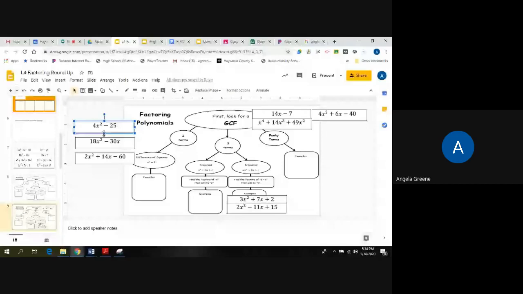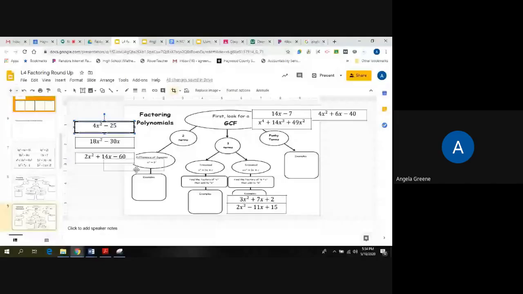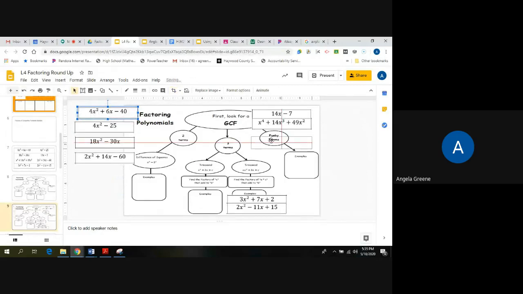And also notice how each of those terms are perfect squares. So chances are this one's going to be a difference of squares. All right. So that one's going to go there.